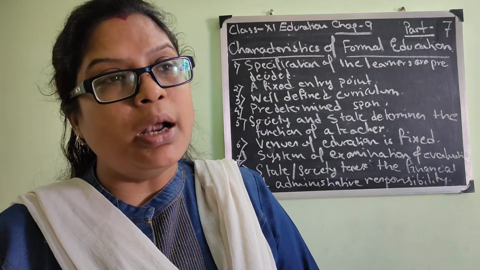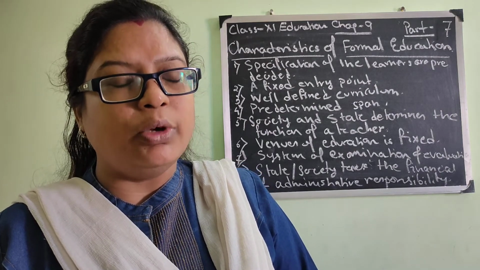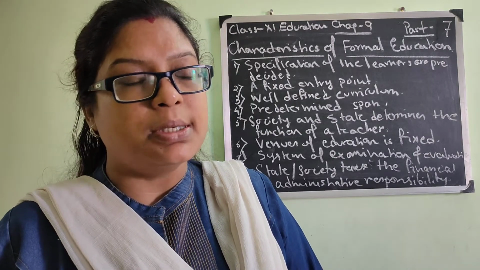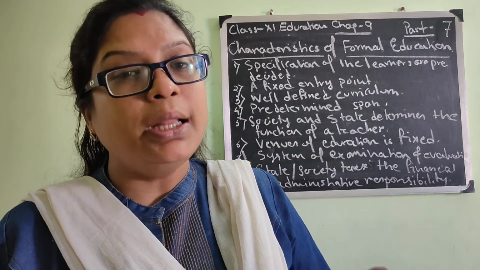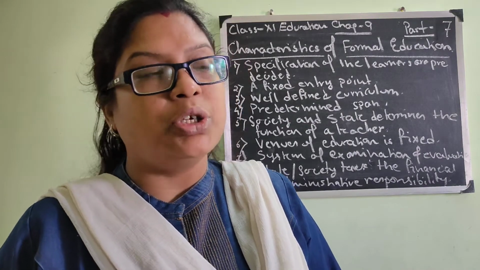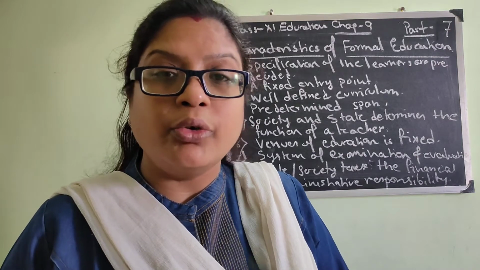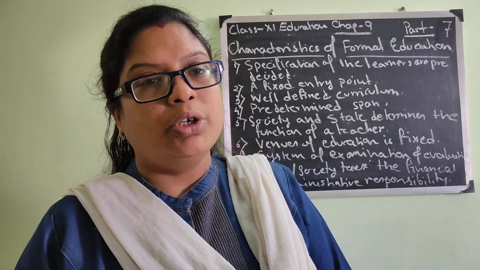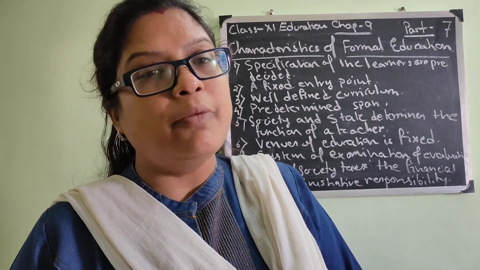Now we have learned the four factors of education, that is the student, teacher, curriculum and the school premise. These four factors, when they are working together with some perfection, with some determination and with some control, it is called the formal system of education. Now the institutes can be of different types.